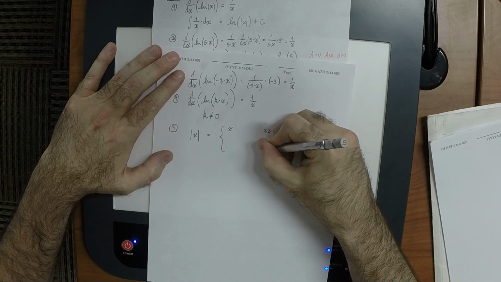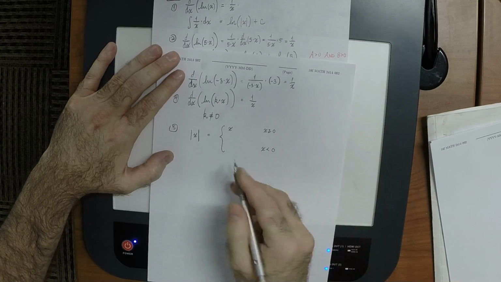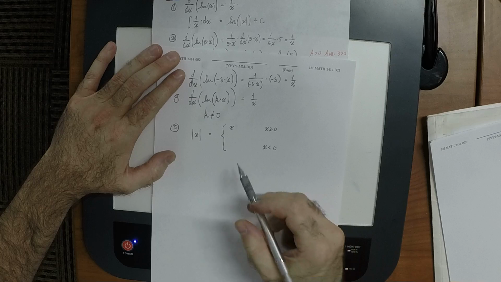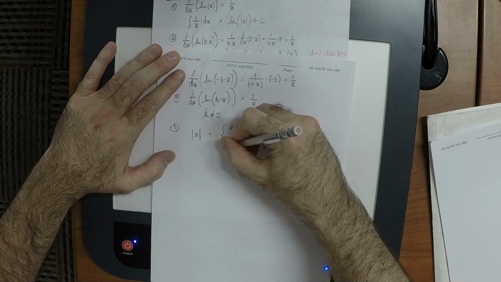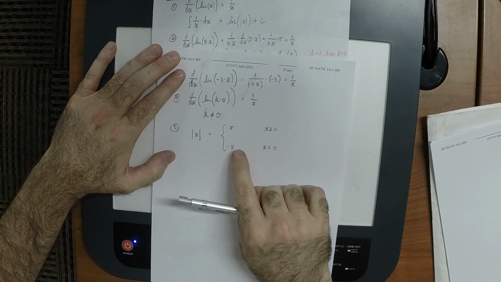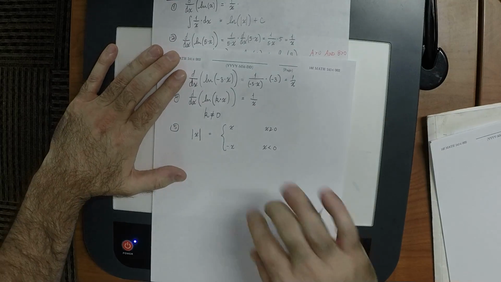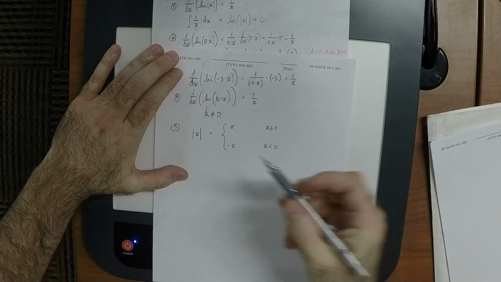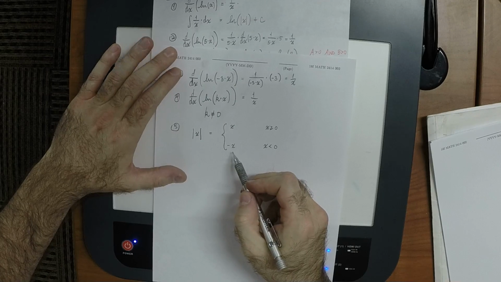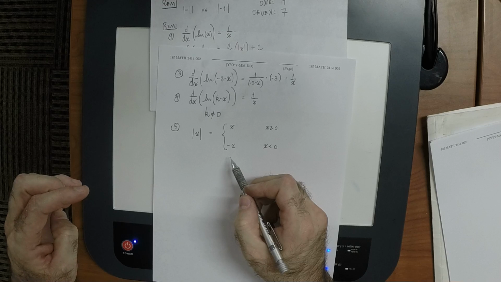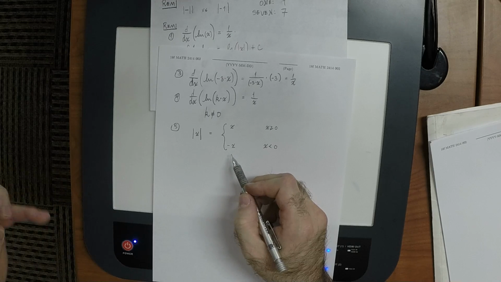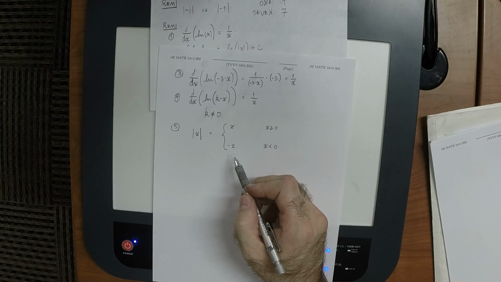And then if x is less than 0, what's the formula for the absolute value of x? Negative of x. You can't put absolute value over here because we're defining it, right? Now, wait a second. Can negative x be positive? Is it possible for negative x to be a positive number?